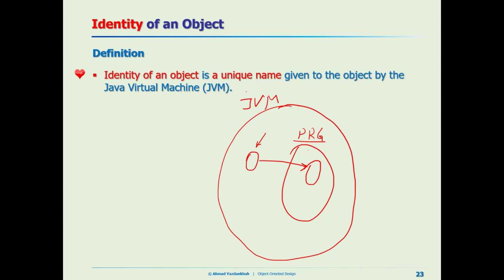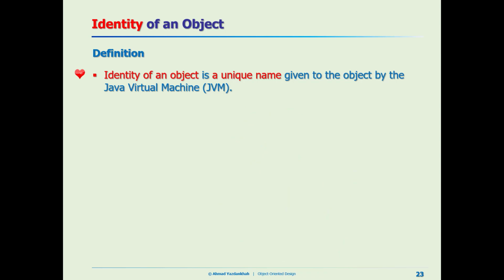And here it's very important that you don't confuse between this unique name and the variable name that you give to your object. So for example, if your class is employee and you say emp1 equal to new something, so this is the name of the variable that you give to your object.